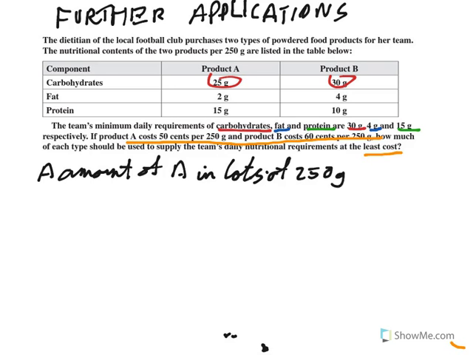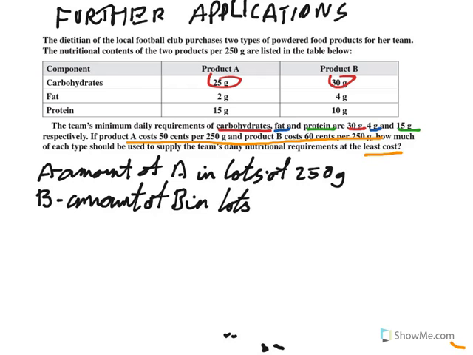Remember that 25 grams for product A of carbohydrates, that's 25 grams in each lot of 250. So if I take one lot of 250, I get 25 grams. And B is the amount of B in lots of 250 grams.